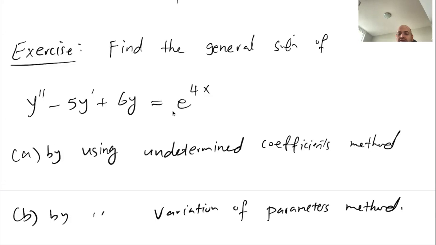So we can still find y1 and y2. We also have f of x, so we can find u1 and u2 and then proceed. So we can use variation of parameters.